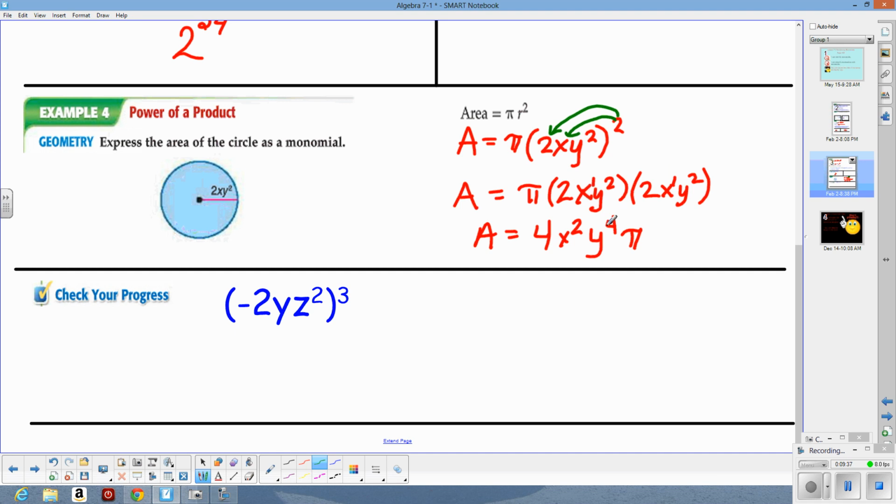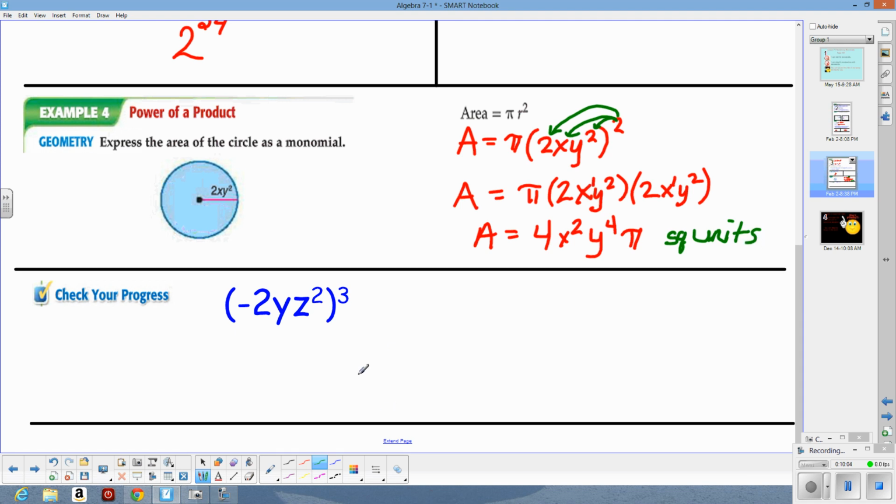X to the 2nd power is x squared. And then y squared to the 2nd power. A power to a power, you multiply the exponents. 2 times 2 is 4. And then that answer times pi. So it's going to be that many square units.